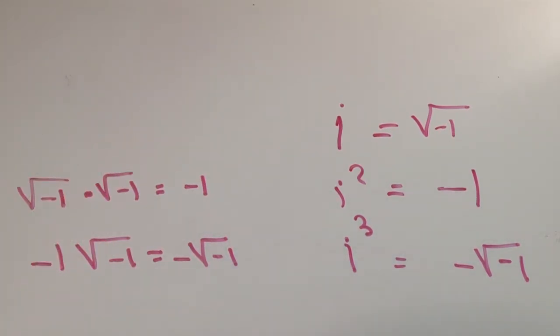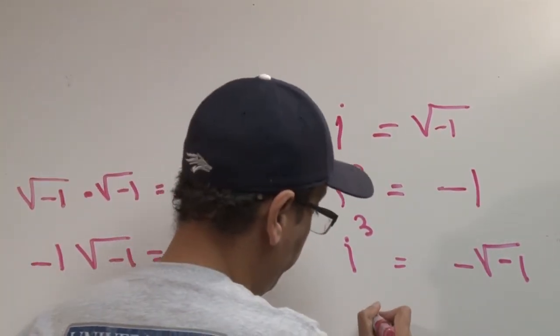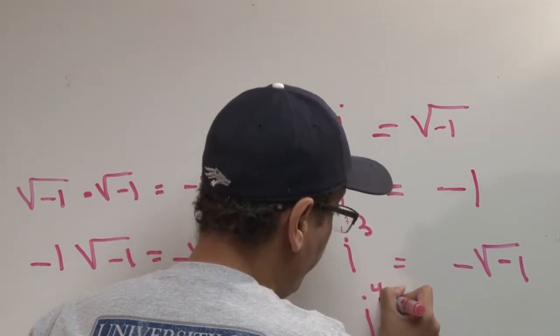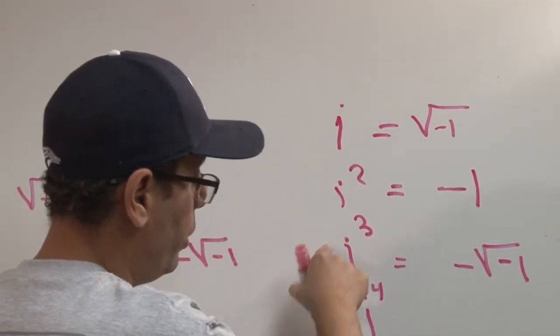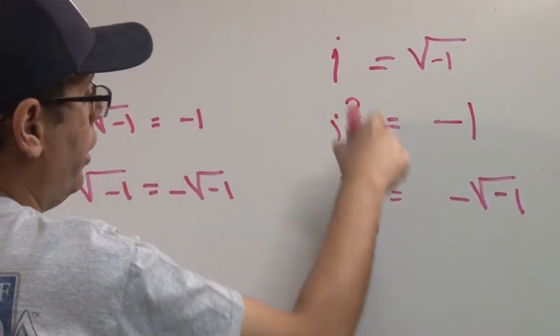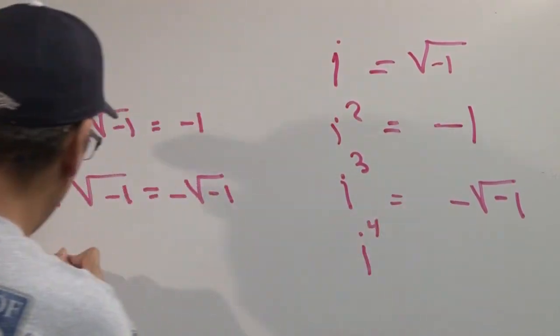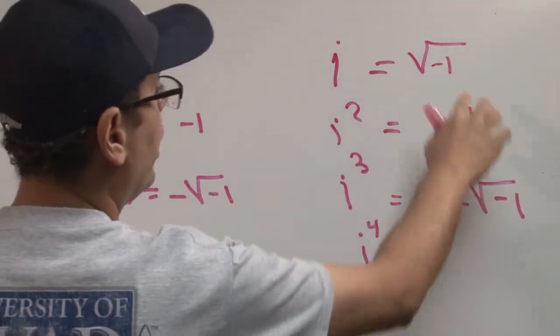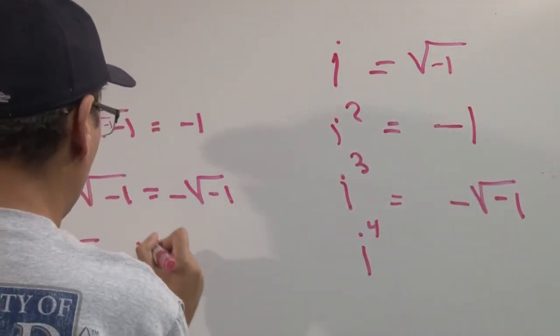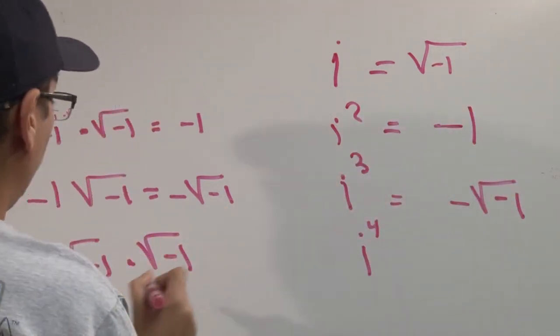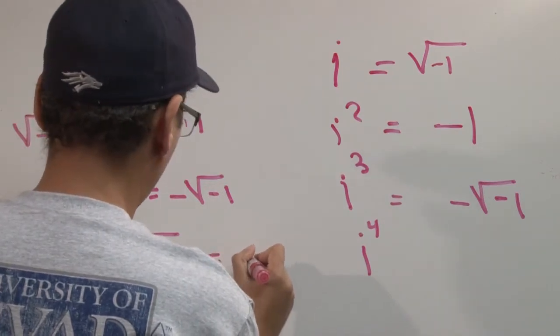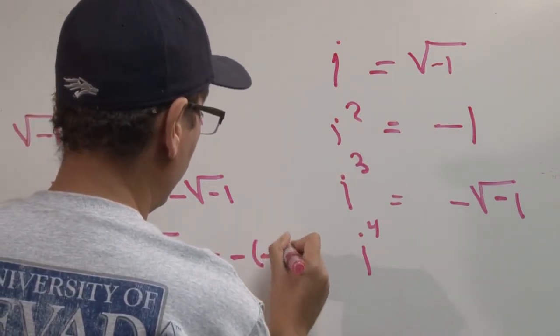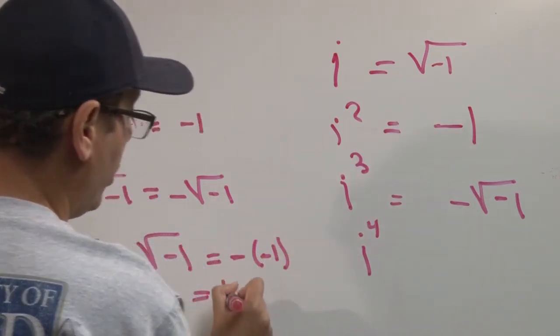Okay, what about i to the power of 4? i to the 4 is i cubed times i, which means negative square root of -1 times square root of -1, which is negative -1, which equals 1.